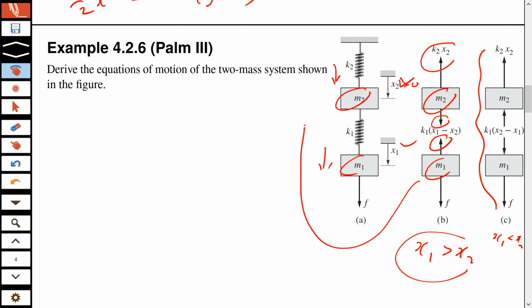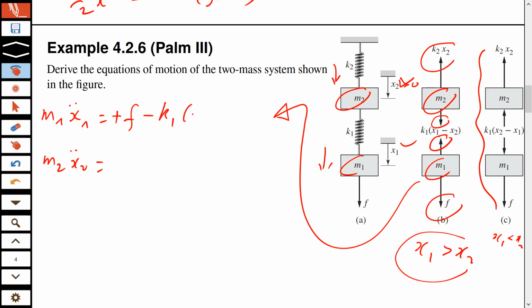So once you have these free body diagrams, because there is no rotation, you can simply write the equations of motion for m1 x1 double dot and for m2 x2 double dot. Forces for m1 are F, and that is in the same direction as x1, so it's plus, and the restoring force of the spring is opposing it, so it's k1 times x1 minus x2.